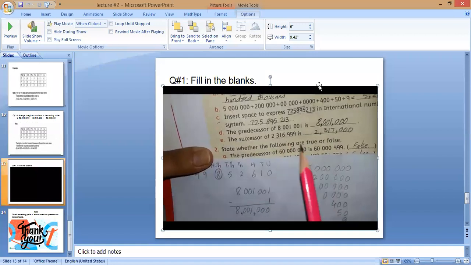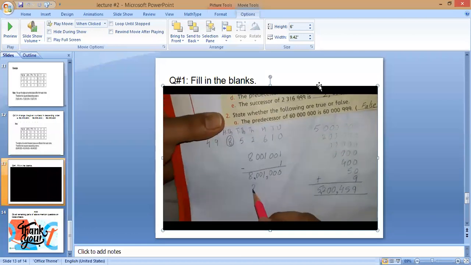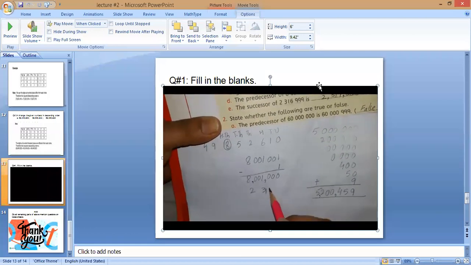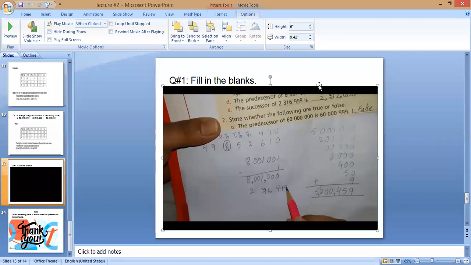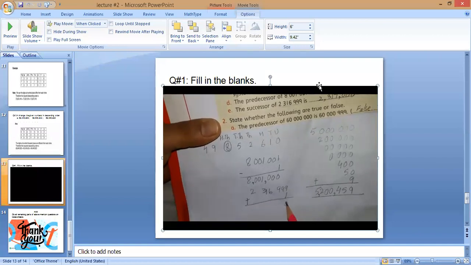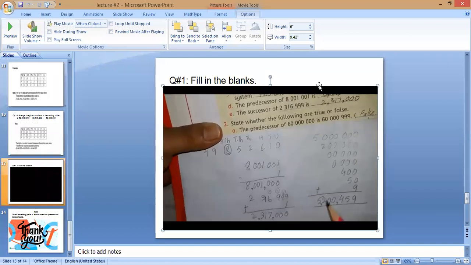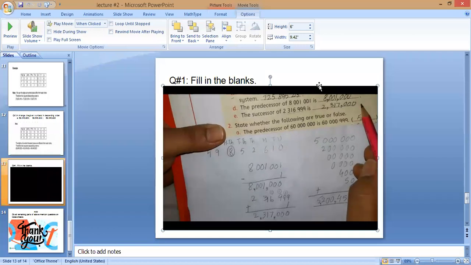For finding the successor, you will write this number and add 1 in the unit place. 9 plus 1 is 10, 0, 1 goes to carry. 9 plus 1 is 10, 0, 1 goes to carry. 9 plus 1 is 10, 0, 1 goes to carry. 6 plus 1 is 7. 1 as it is. 3 as it is. 2 as it is. And then you will put a comma here. And check, this is your answer.